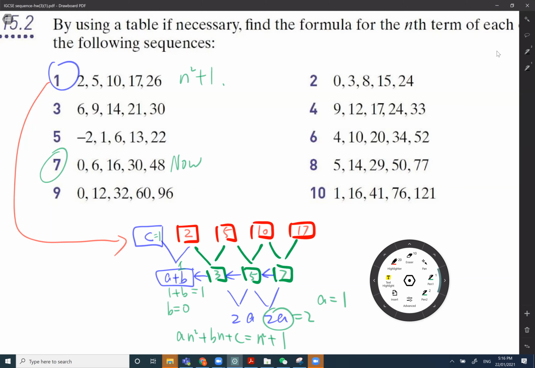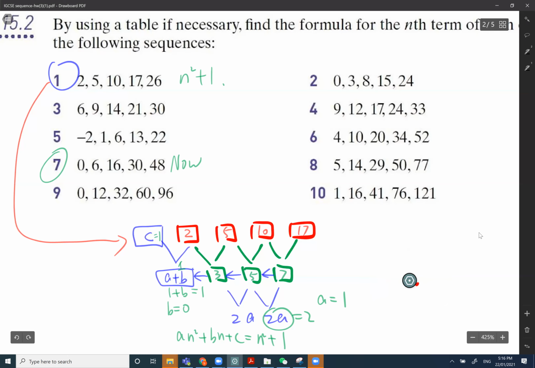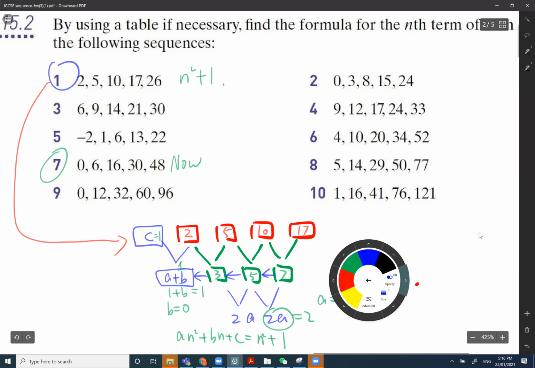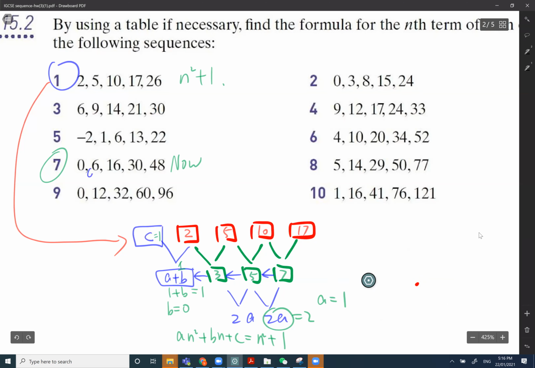Oh, Sophia. Very fast. Okay. You find the difference: 6, 10, 14, 18. 4.